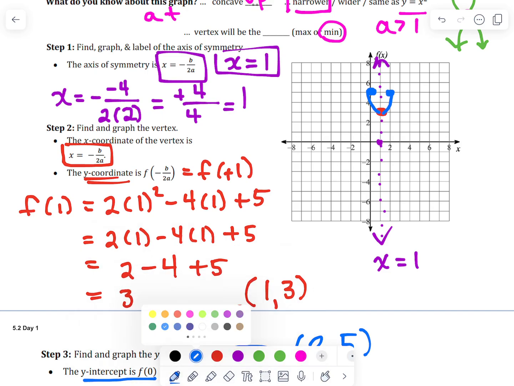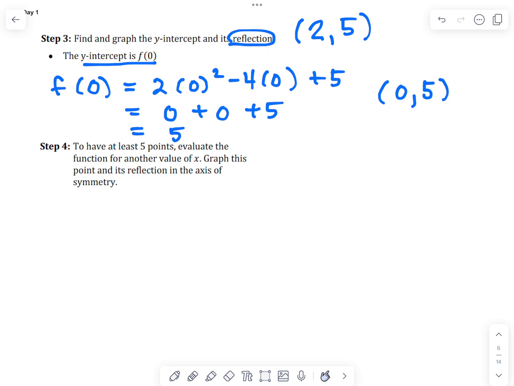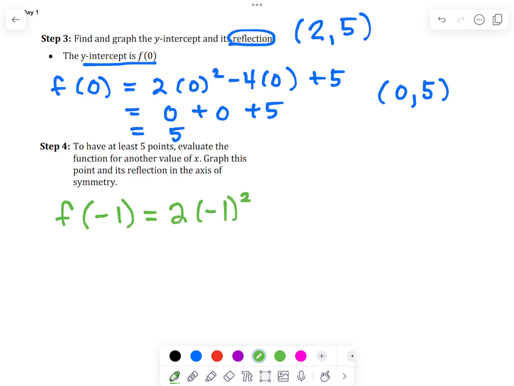I'm going to show you how to find a couple additional points. So I'm just going to sketch that for now. If we want to find additional points, we would just evaluate the function. So let's say we want f of -1. We would substitute that into the function and then simplify it.